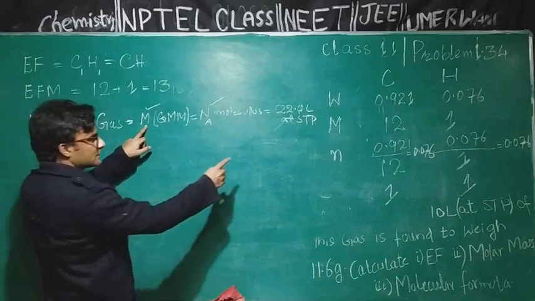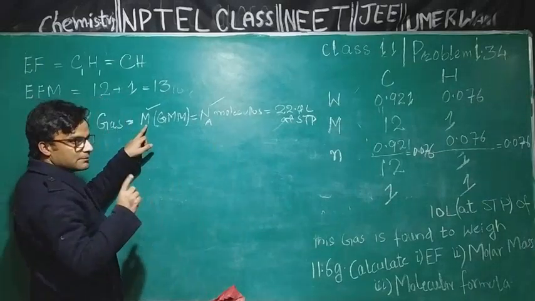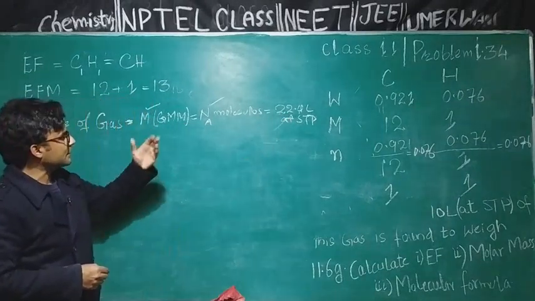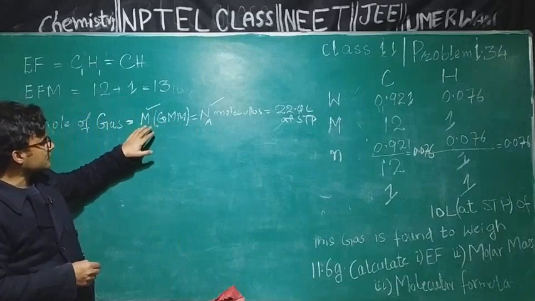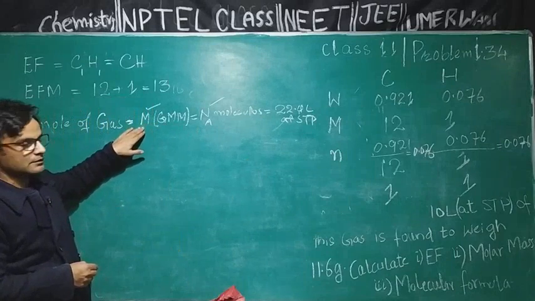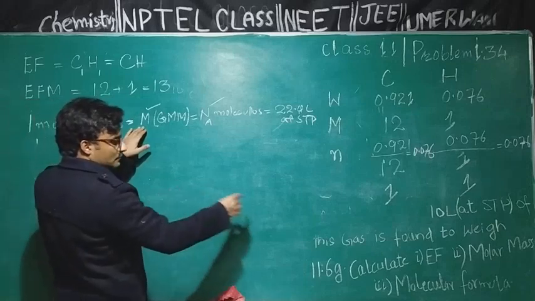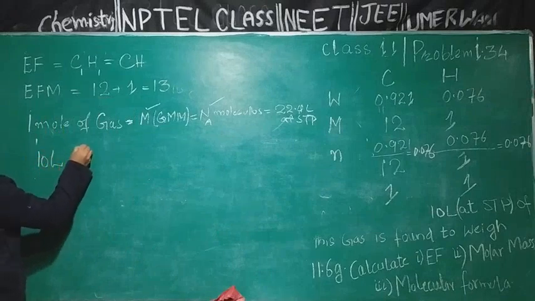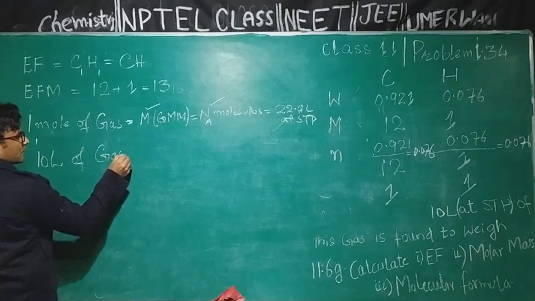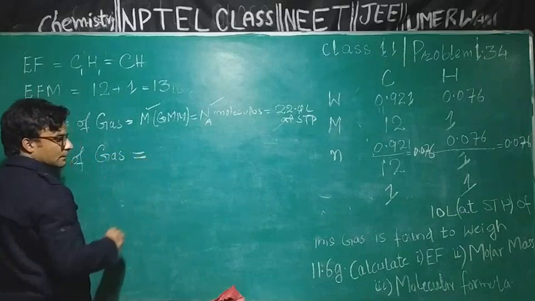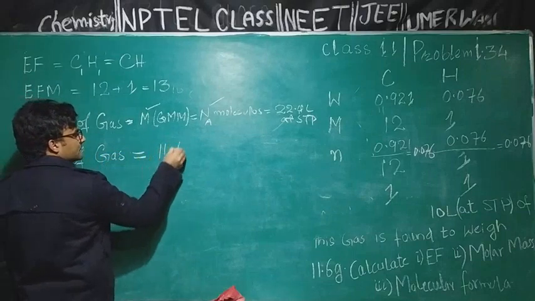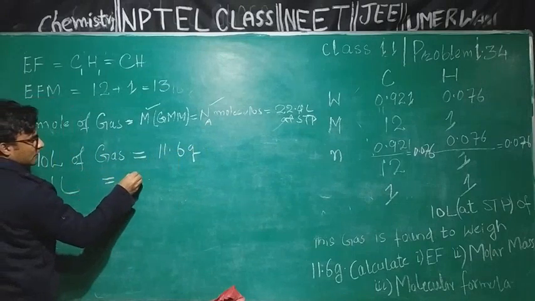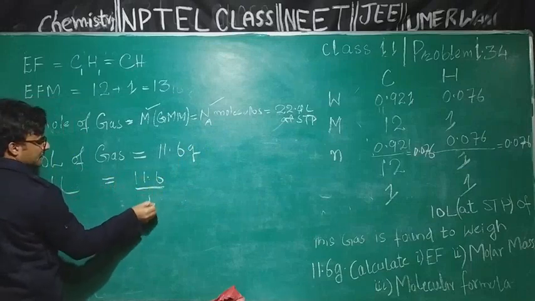I will be interested in determining the mass of 22.4 liters of gas, because I know the mass of 22.4 liters of this gas will be equal to its molar mass, which I have to calculate. Given is that 10 liters of gas has a mass equal to 11.6 grams. 1 liter has a mass equal to 11.6 divided by 10.